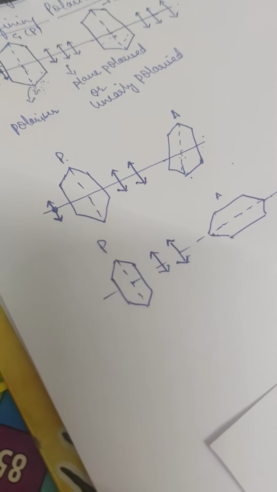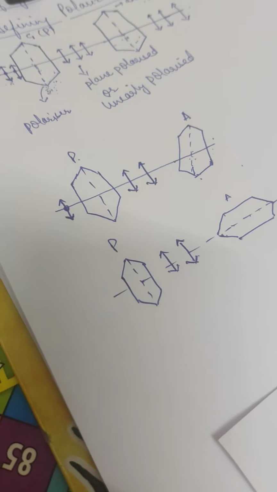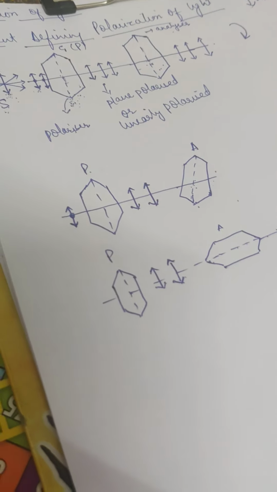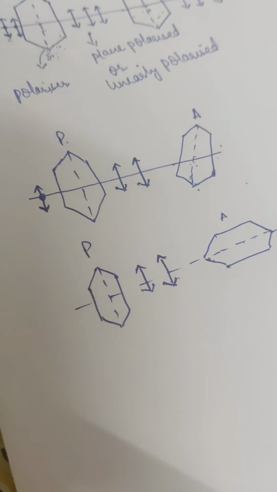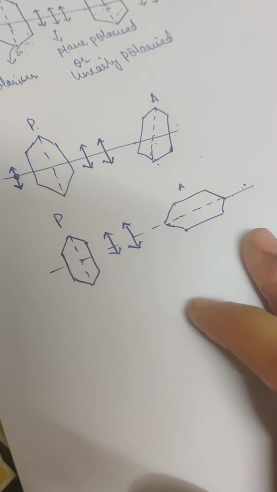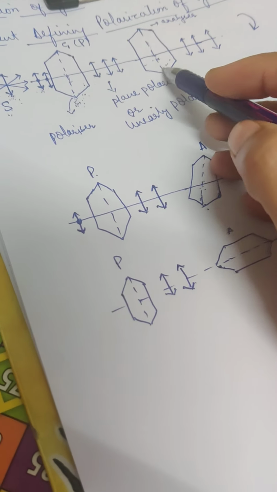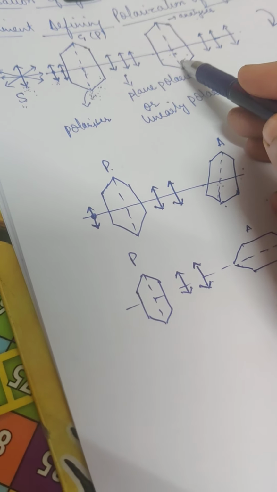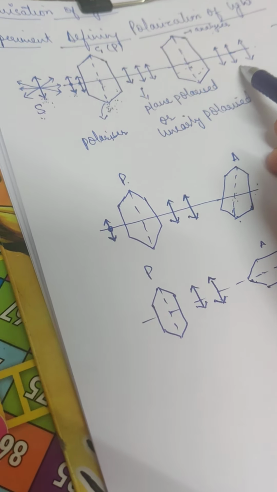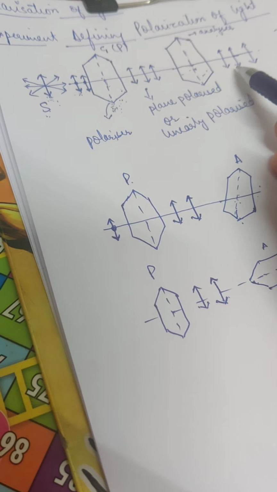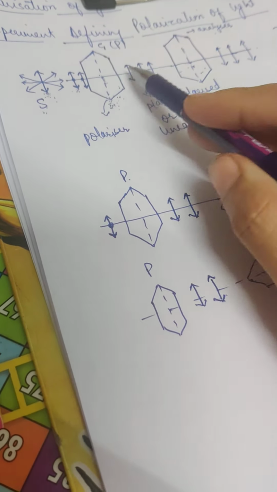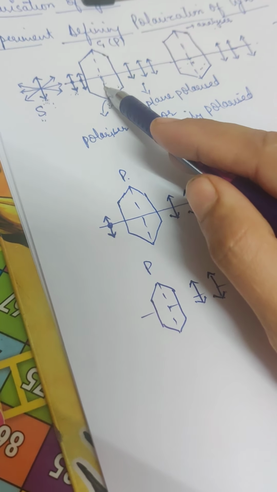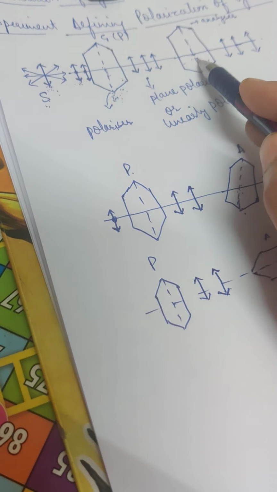Beta, here one thing I would like to tell you, it is not in your syllabus, and that is Malus law. As per this law, the intensity of the light after passing through this analyzer depends on the square of the cosine of the angle between the optic axis of the polarizer and the analyzer.